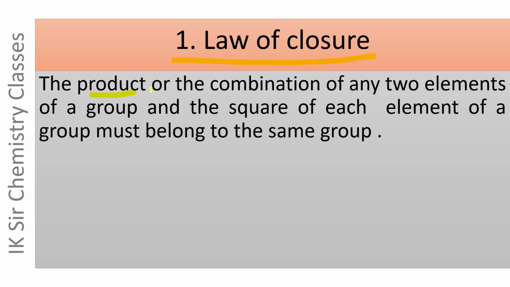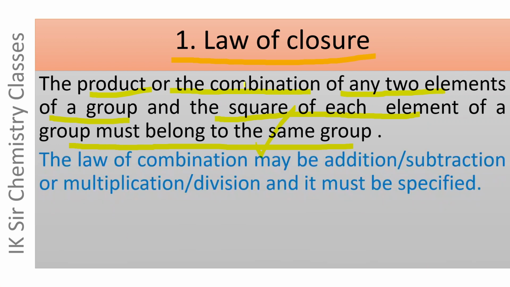The product or the combination of any two elements of a group and the square of each element of a group must belong to the same group. It means the product or combination of any two elements of a group as well as the square of each element of a group must belong to the same group.